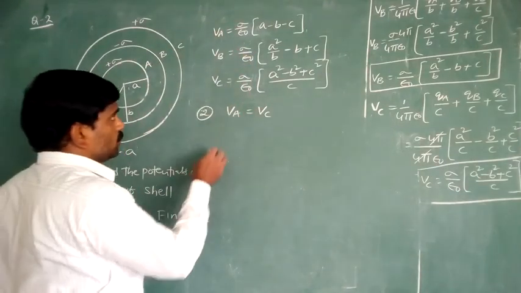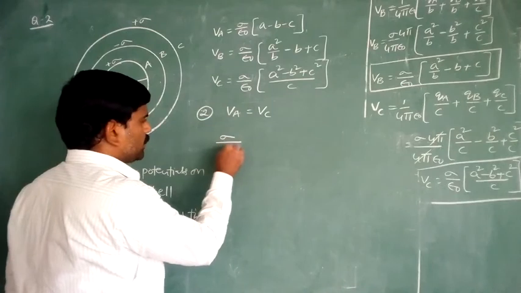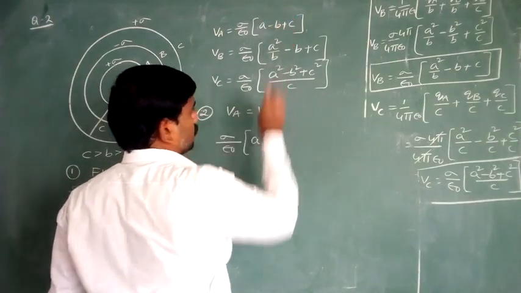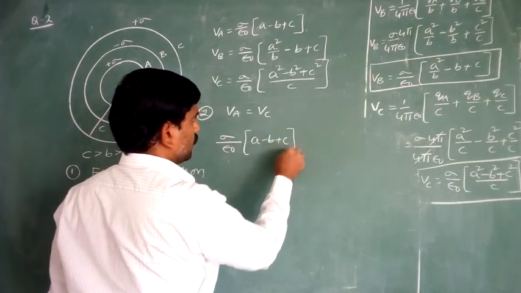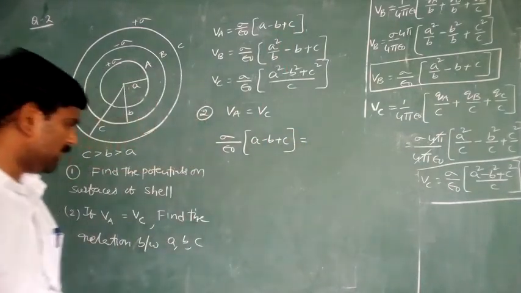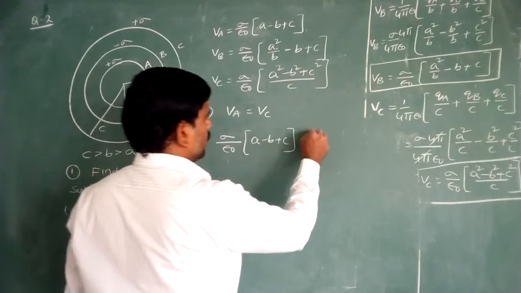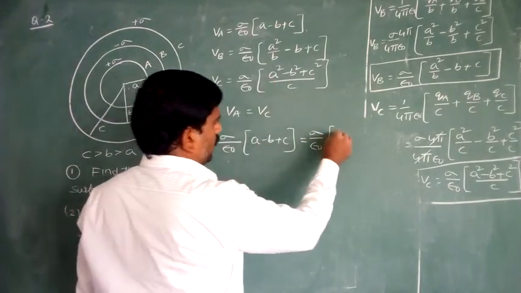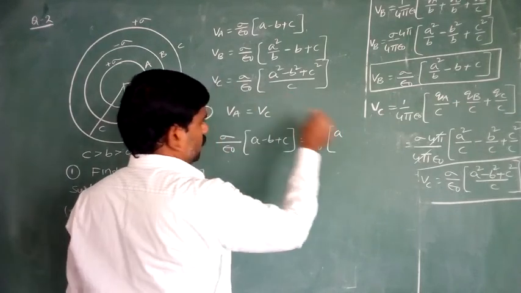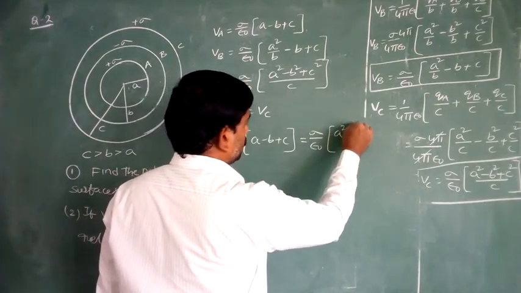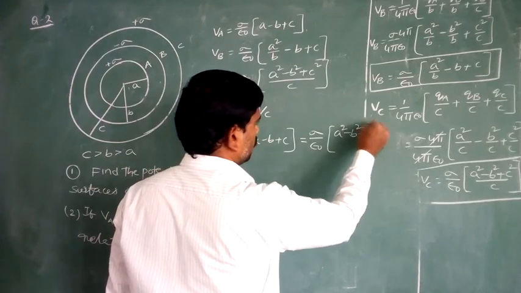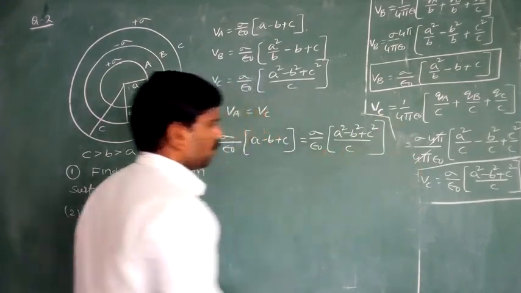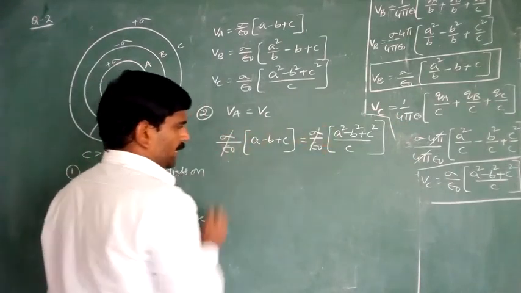So substitute those values: sigma by epsilon naught into A minus B plus C is equal to sigma by epsilon naught into, right now last one, Vc is equal to A square minus B square plus C square, whole by C. These two are cancelled.